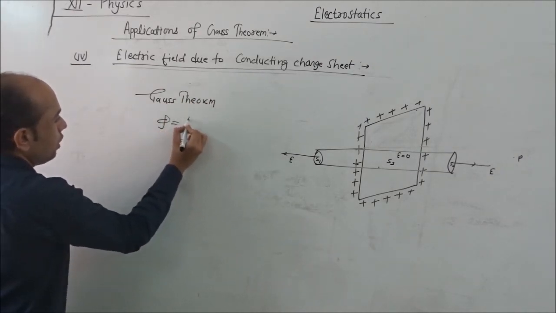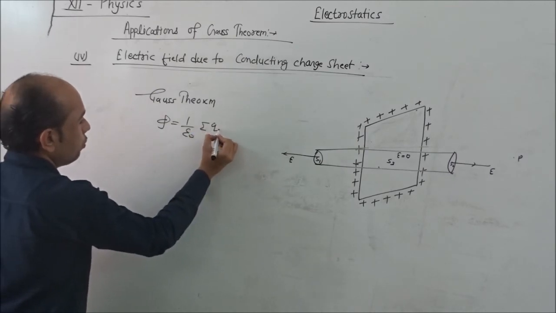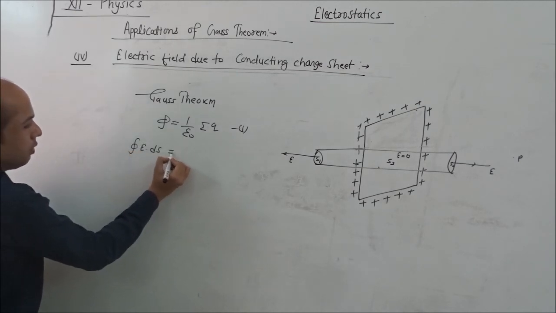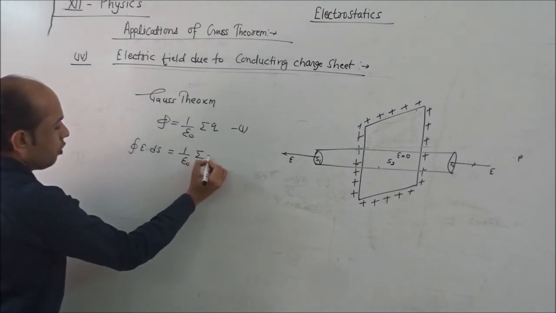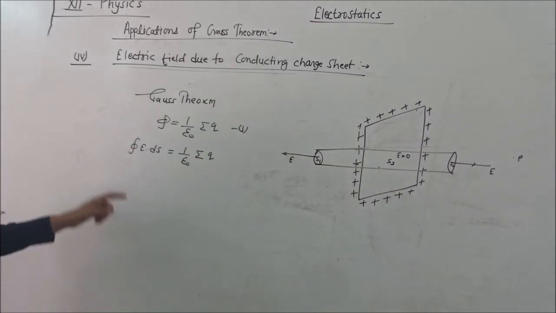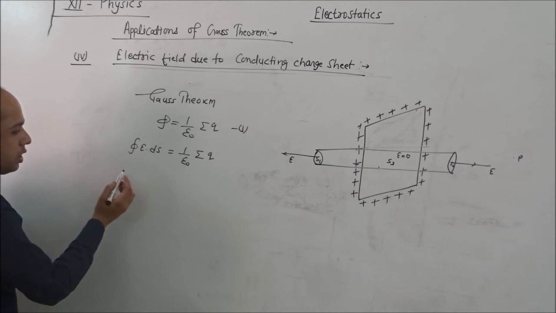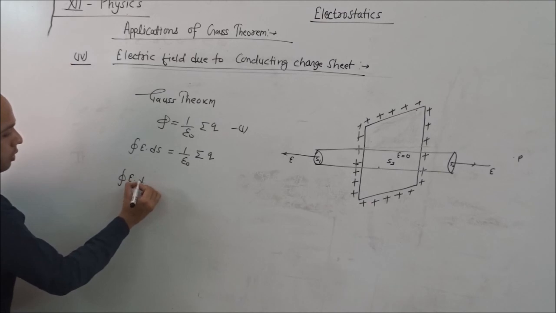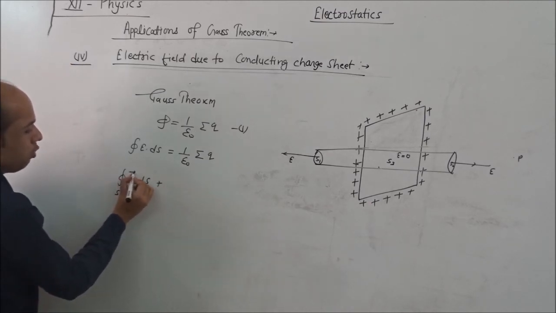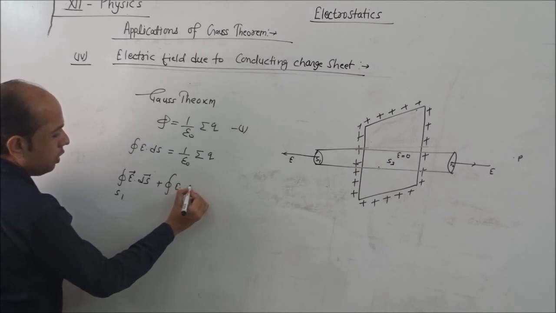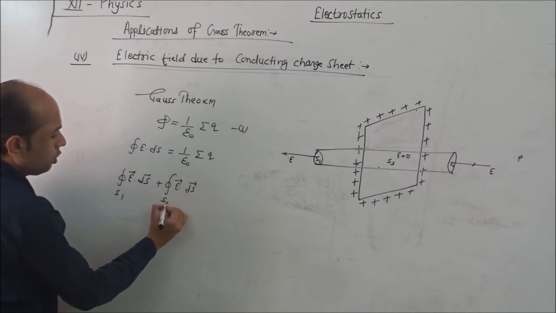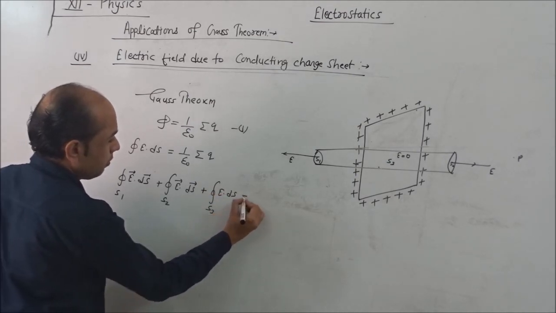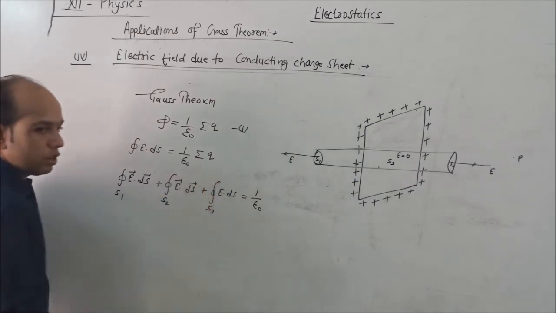phi is equal to 1 upon epsilon naught summation of q. This is equation number 1. Now phi is split into the integral of E dot ds, equal to 1 upon epsilon naught summation of q. Now this integration further splits into three parts as per the diagram: E dot ds for the S1 surface, E dot ds for the S2 surface, and E dot ds for the S3 surface, equal to 1 upon epsilon naught times q.